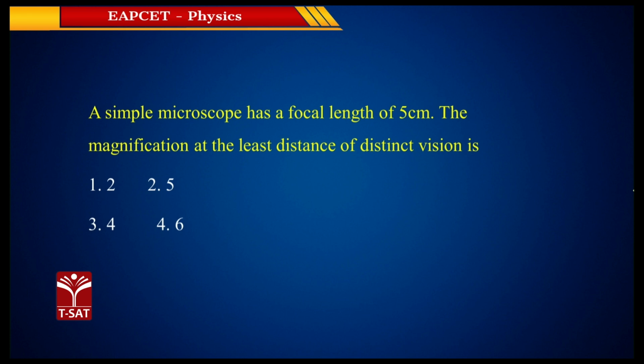Here you know the simple microscope formula: M is equal to 1 plus D by F. Here the least distance of distinct vision is 25 centimeter, children. 25 by focal length 5.